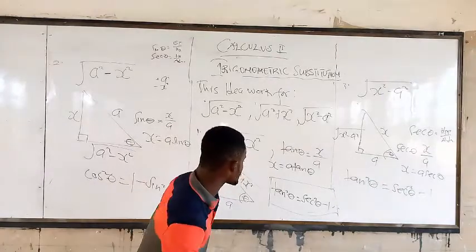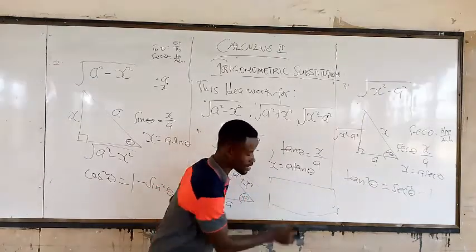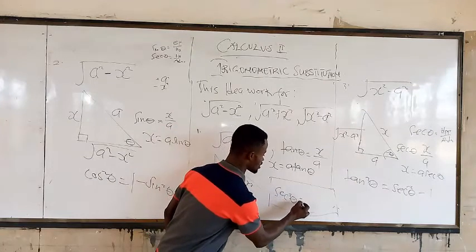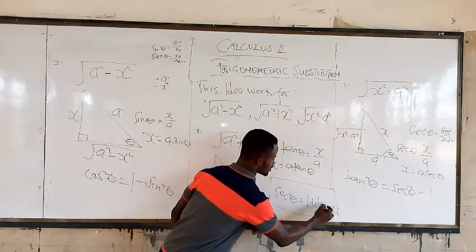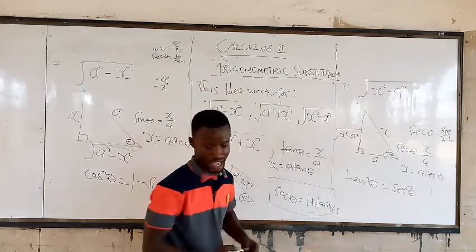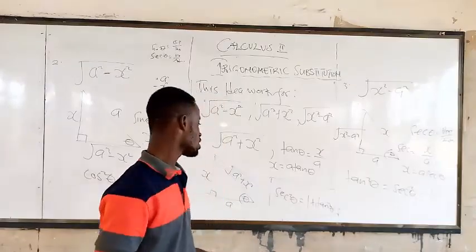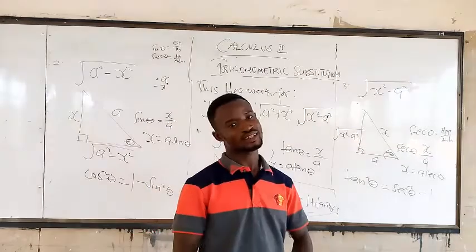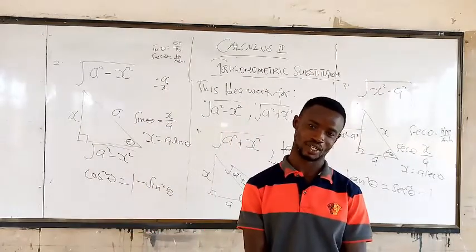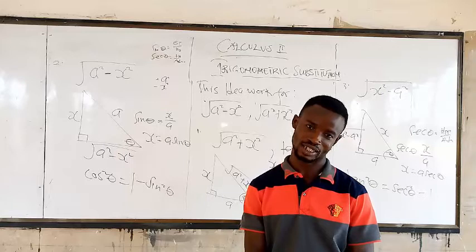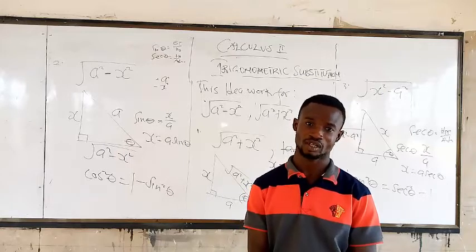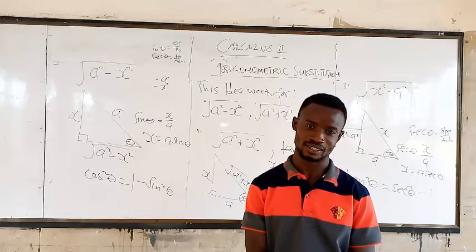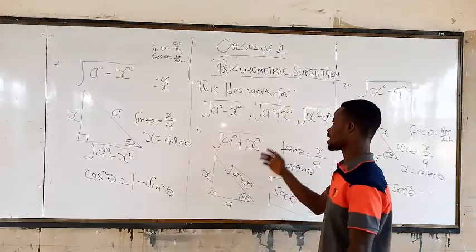Then here the substitution of this is rather sec squared theta is equal to 1 plus tan squared theta, as we did in the first one. Okay, so that is all. Please just play back this part and understand it before you come to join us in solving the questions. Alright? So that is that.